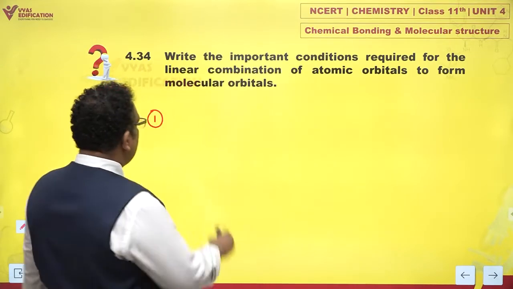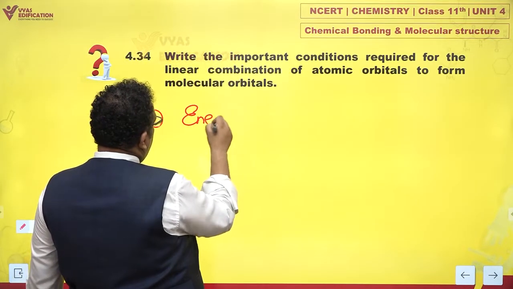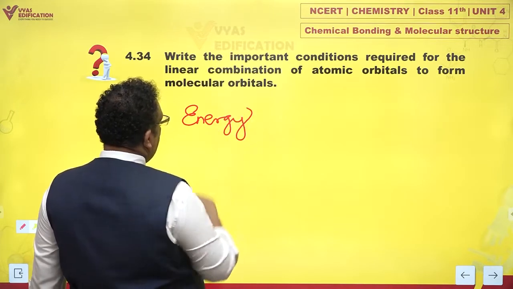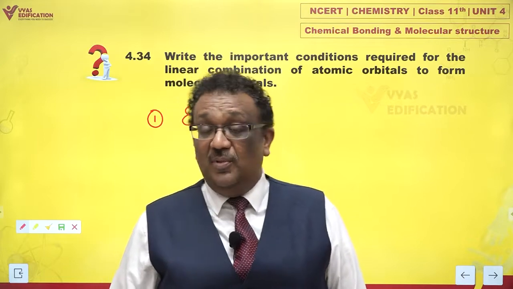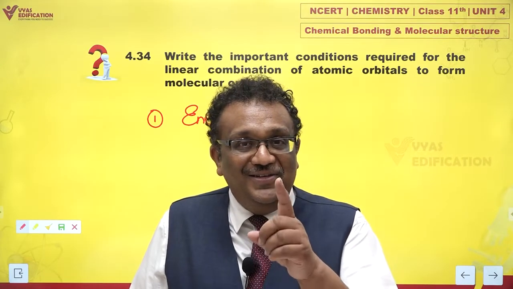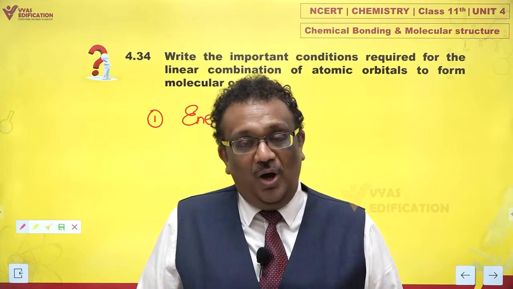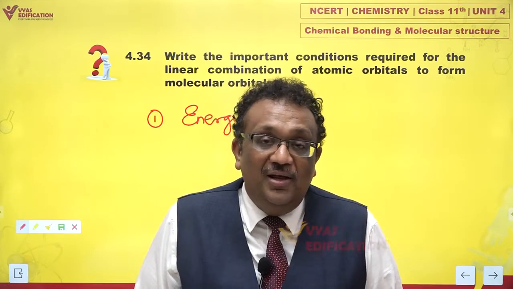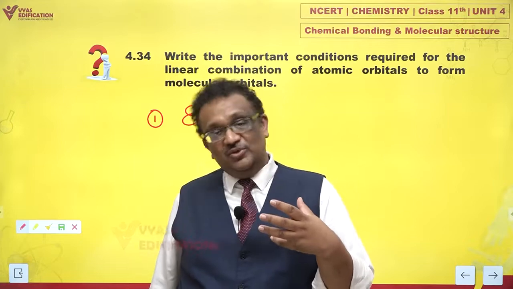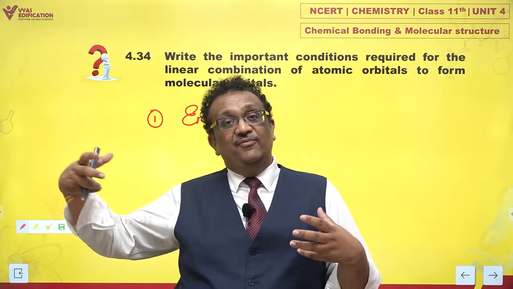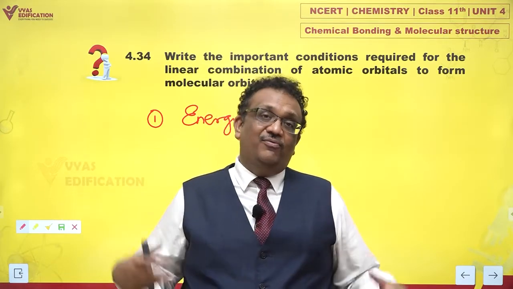And the very first condition is the condition of energy. The two combining atomic orbitals must have same or nearly same energy. What does that mean? It means very clearly that if a 1s orbital of one nitrogen atom is coming, it cannot combine with a 3p orbital of another atom.